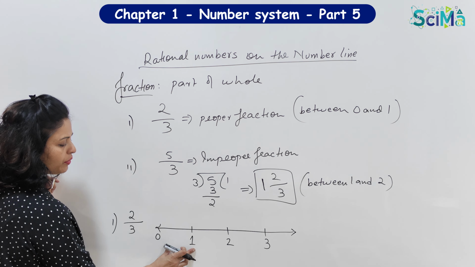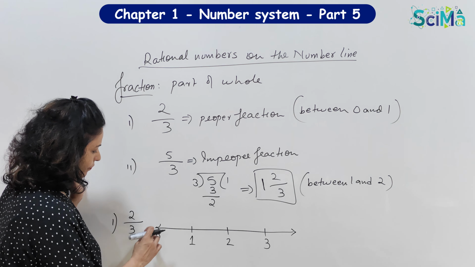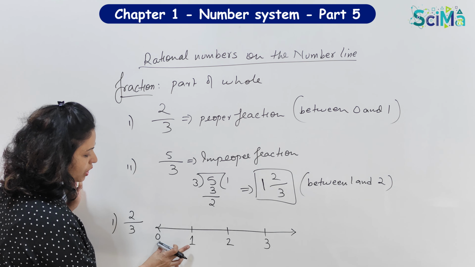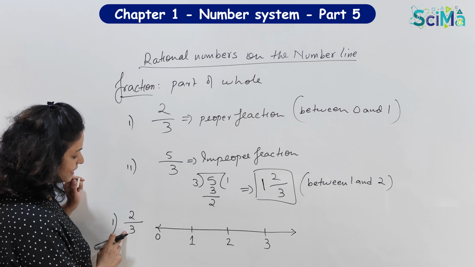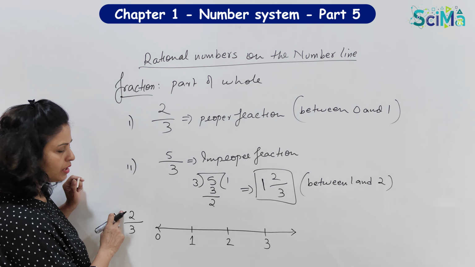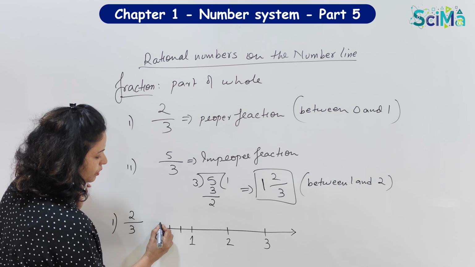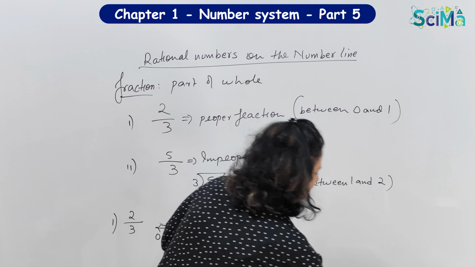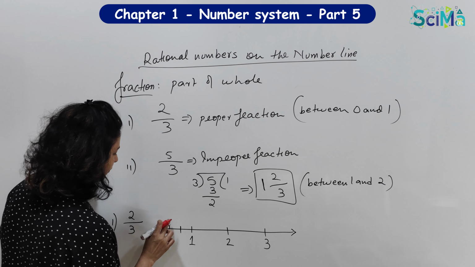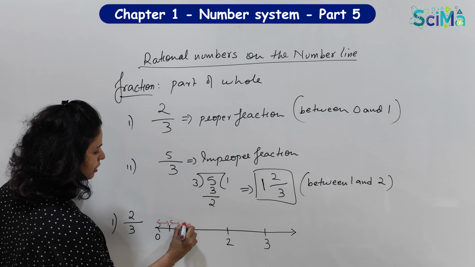Now how do I represent 2 by 3 on the number line? Between 0 and 1 you have to make 3 parts, because it is 2 out of 3. So I will make 3 parts. This is the first part, this is the second part, this is the third part.